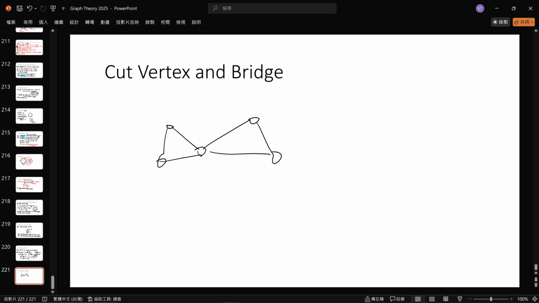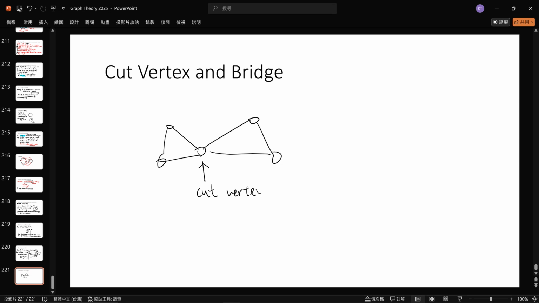So this is a connected graph, and what is a cut vertex? A cut vertex is a vertex, so it is not a vertex set, it is just one vertex. The special property about this vertex is that if you remove it, then the graph becomes disconnected. For example, in this 5 vertex graph, there's only one cut vertex, the one in the middle.